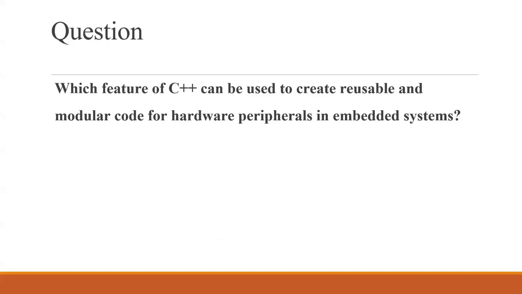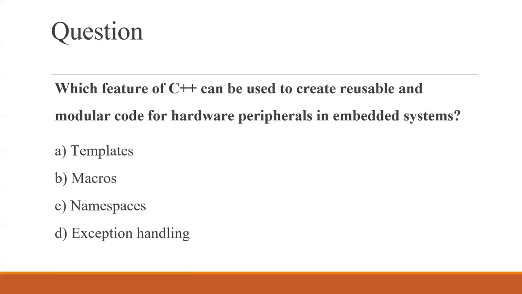Which of the following can be used to create reusable and modular code for hardware peripherals in embedded systems? So A is templates, B macros, C namespaces, D exception handling.